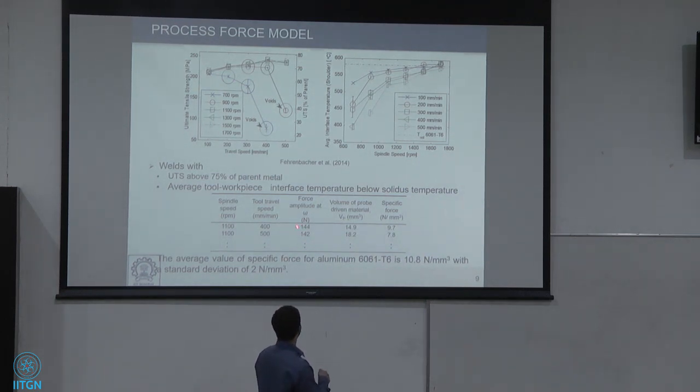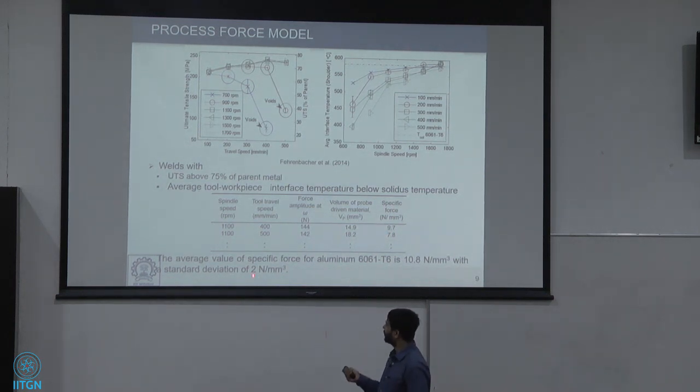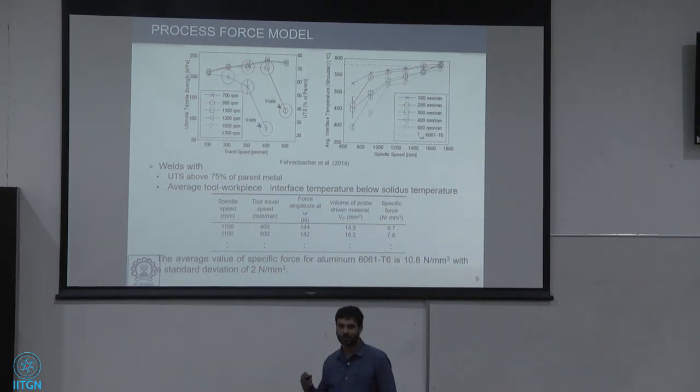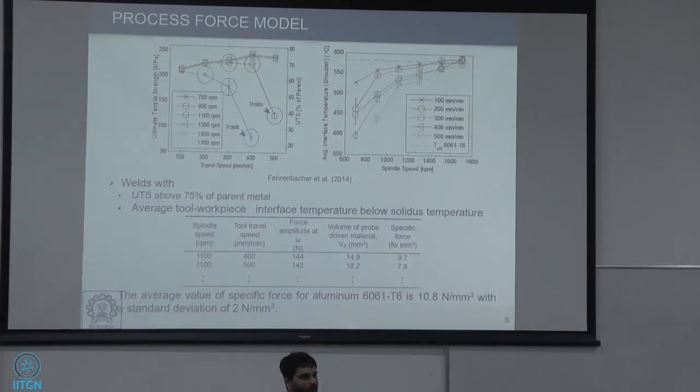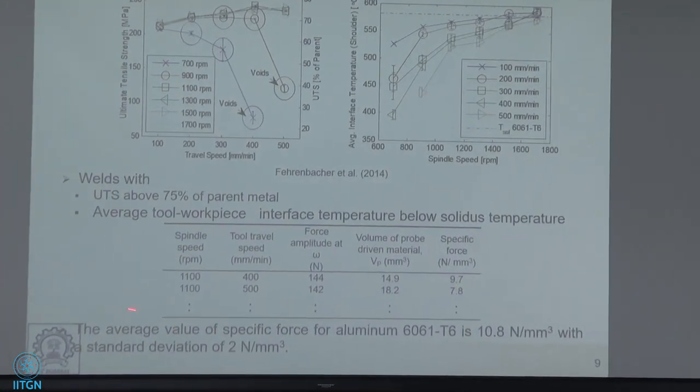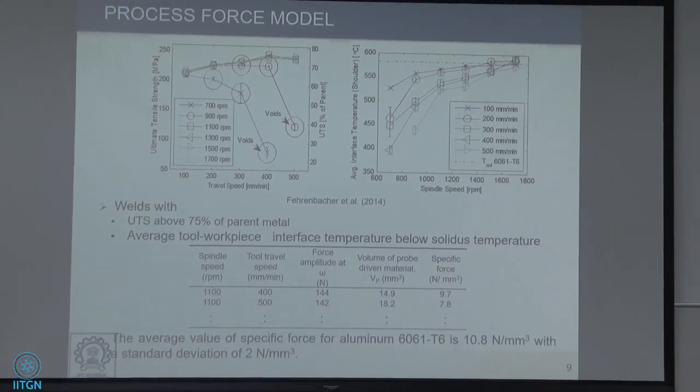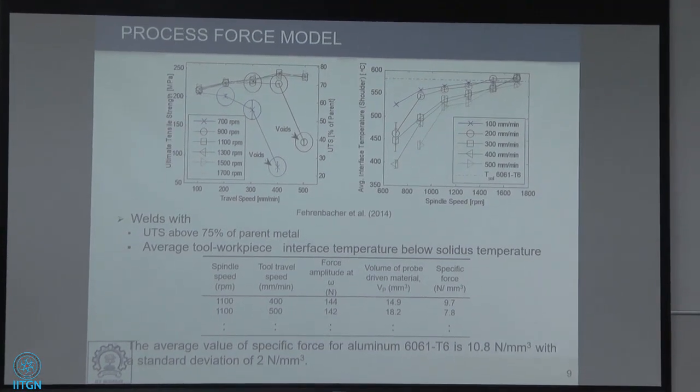And then the force amplitude was determined from the forces measured during the process. A ratio of those gave us a constant, and this constant was averaged for all the good welds. It was identified that 10.8 newtons per cubic millimeter of force is required to move the material, with a standard deviation of 2 newtons, which looks pretty big to begin with.